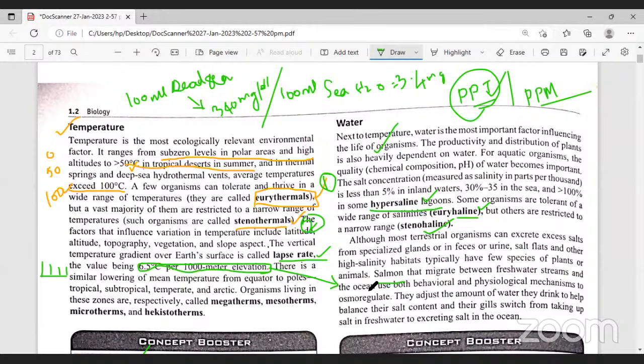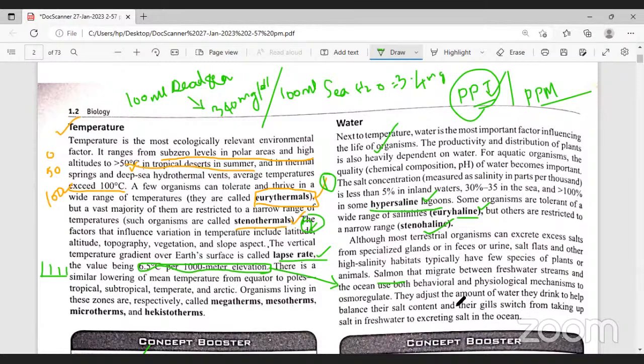Suppose when it is in freshwater, the salt concentration will be very low. At the same time, when it comes out to the ocean, the salt concentration will be very high. That is the difference. They adjust the amount of water they drink to help balance their salt content, and their gills switch from taking up salt in the fresh water to excreting the salt in the ocean.